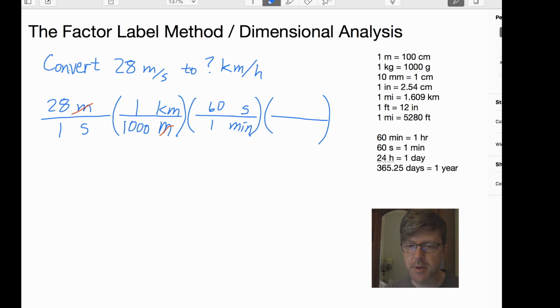And so now we're going to go back and cancel out seconds. I like to cancel things out differently for different things, so I know which thing canceled with which. So that kind of slash is for that. Okay, now we have kilometers per minute. We're almost there. We need kilometers per hour. So let's take the minutes. We want to get rid of that. Put it up here. Minutes. And then let's put hours down here.